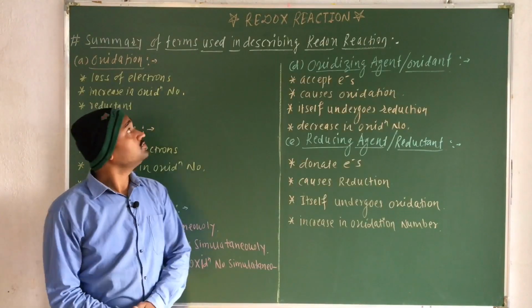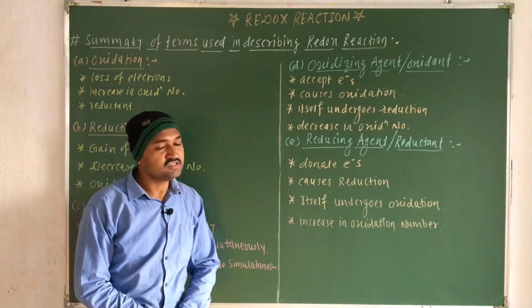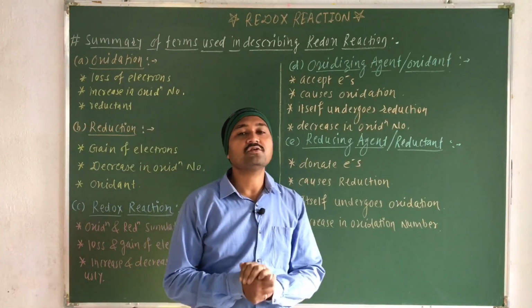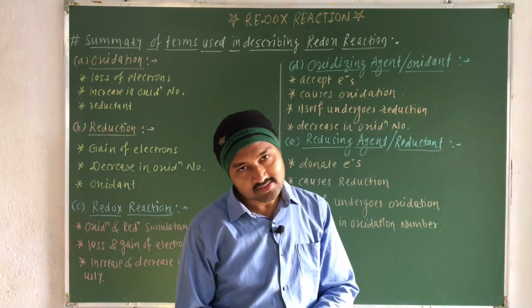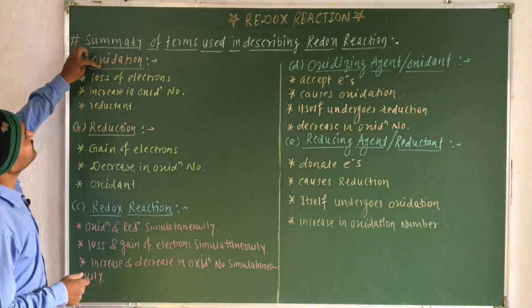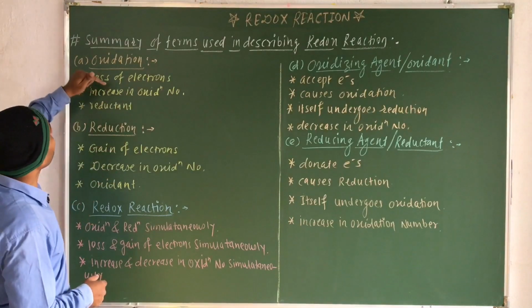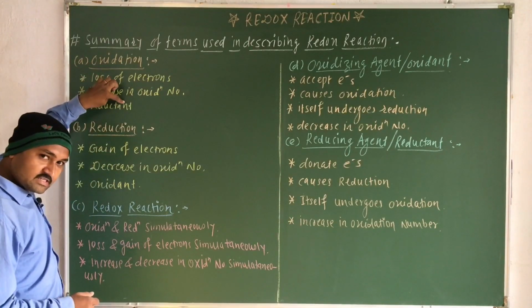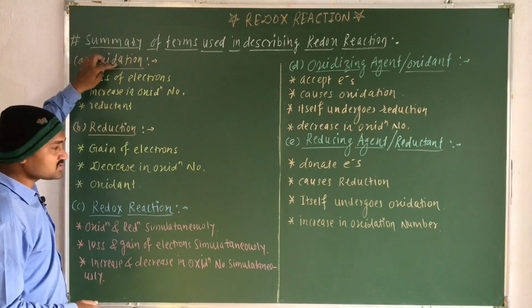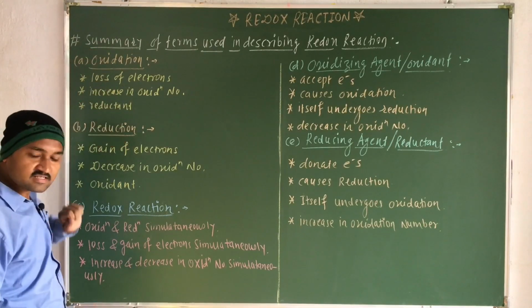So now let's do the summary of terms used in describing the redox reactions. This will be a short revision of your electron transfer concept as well as your oxidation number concept. Here we can define oxidation as loss of electron or increase in oxidation number, and whenever the oxidation process takes place, that species acts as a reductant.